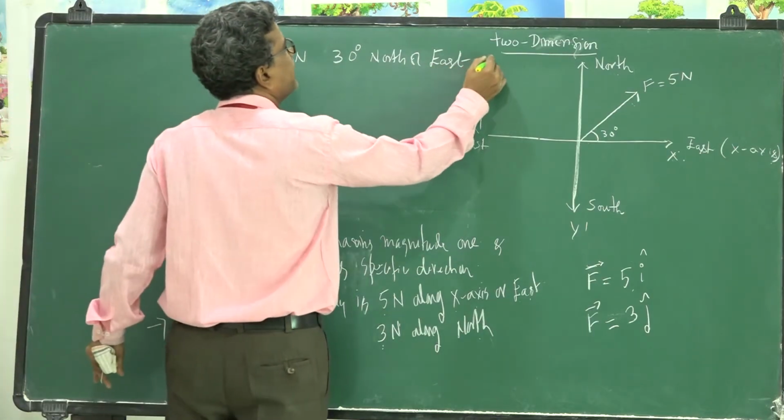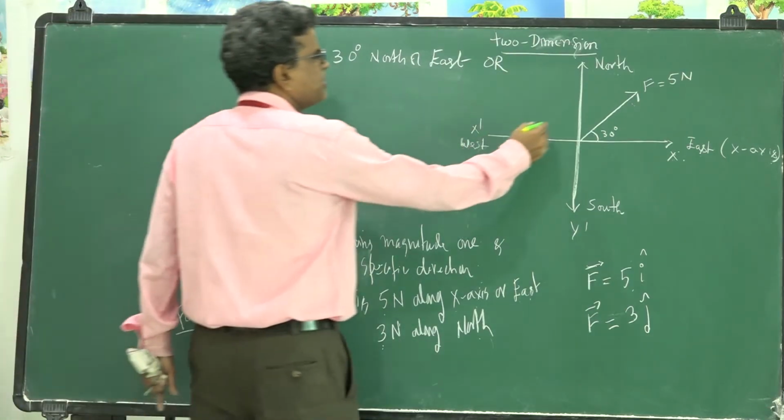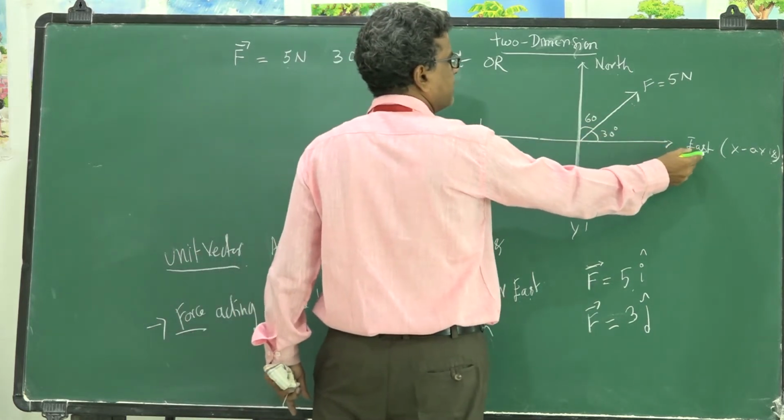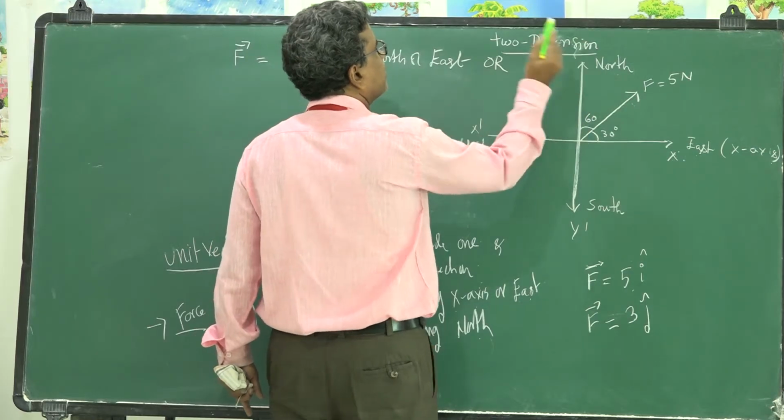Or we can represent the same one differently. If it makes an angle of 30 degrees with the east, it means 60 degrees with the north.